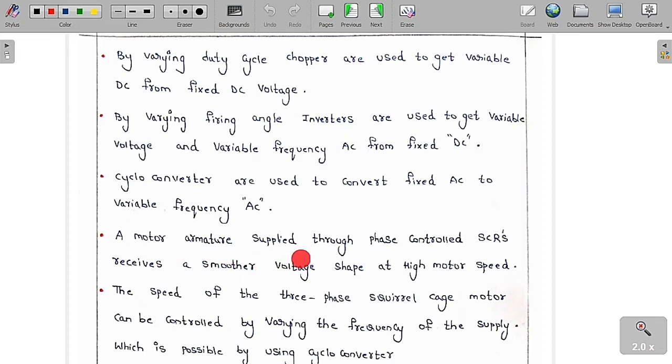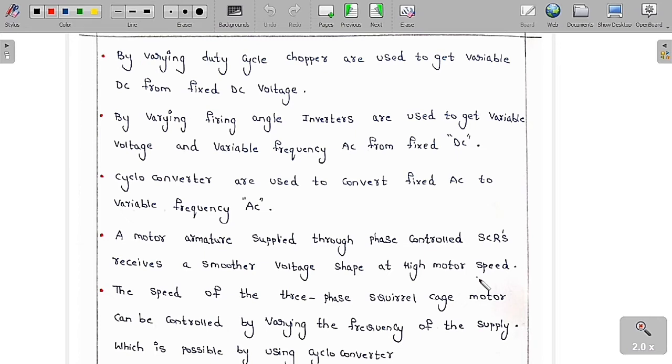A motor armature supplied through phase control SCRs receives a smoother voltage shape at high motor speed. So we can say clearly that here the motor is going to receive a DC supply from the phase control SCRs.